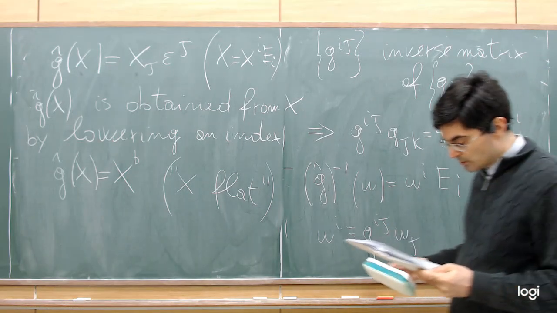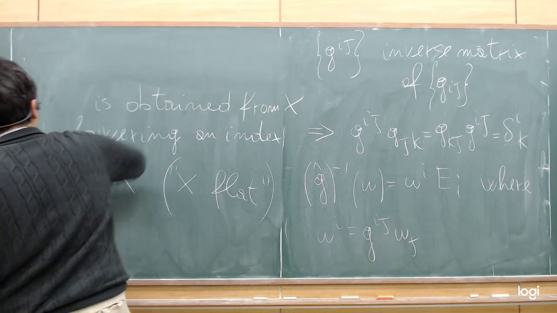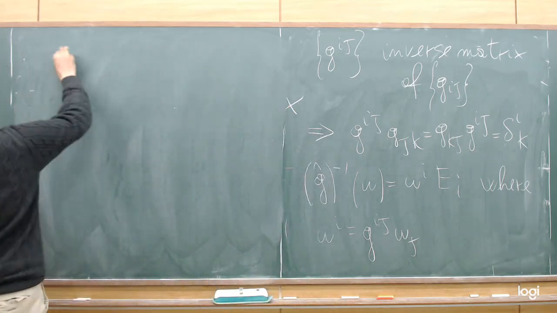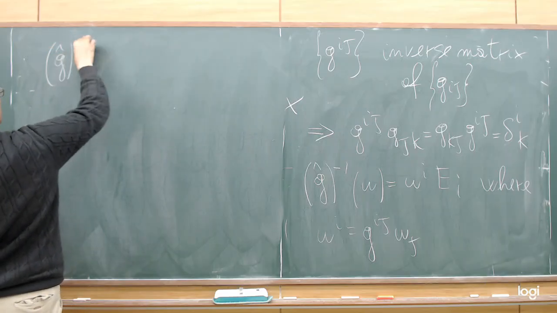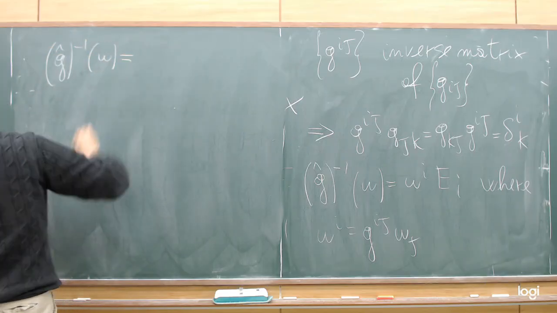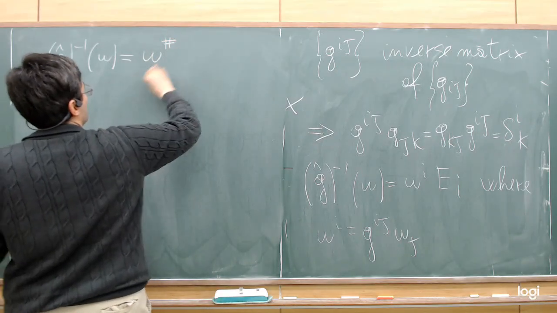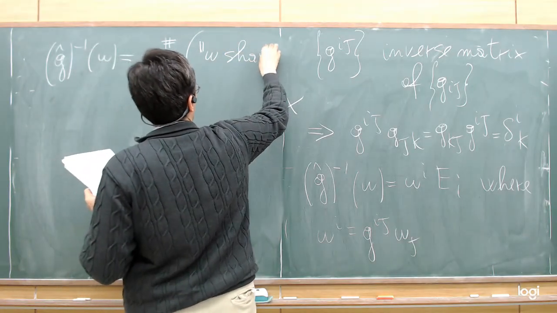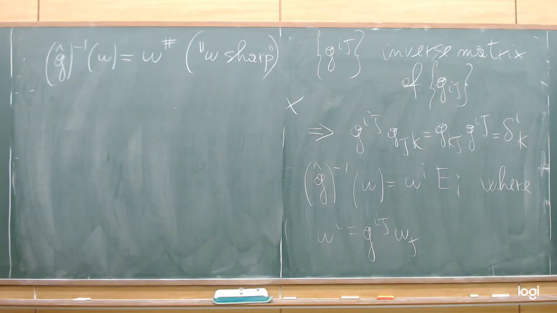The notation we use in this case is the following: G hat inverse of omega. This is omega sharp, and this is the second musical isomorphism.